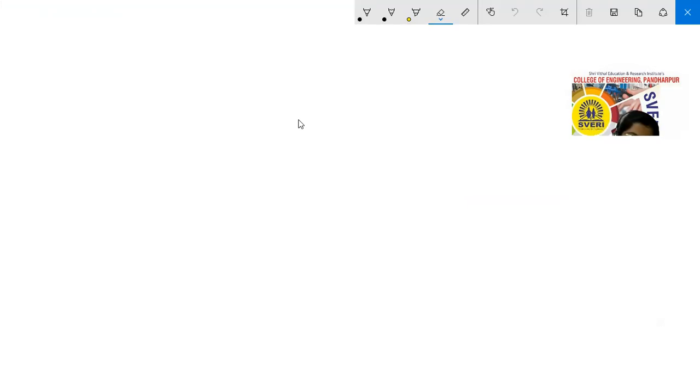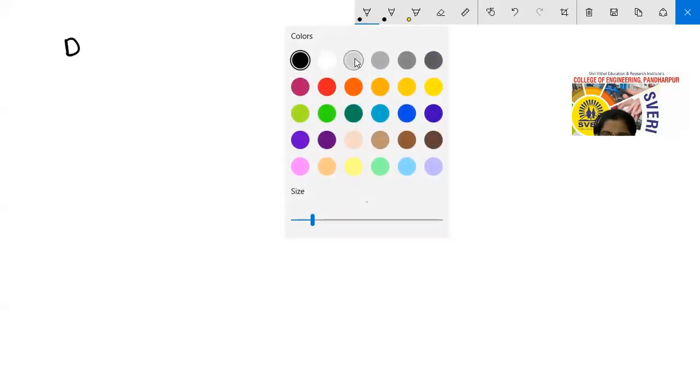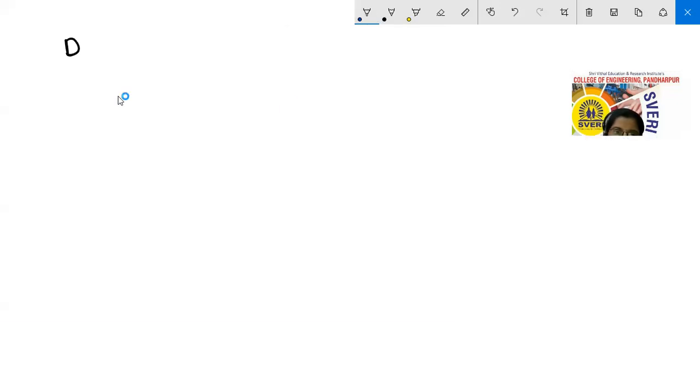So one more thing is there. Actually, this D bar is given as D bar equal to Q divided by 4 pi r square, into unit vector a bar r here.